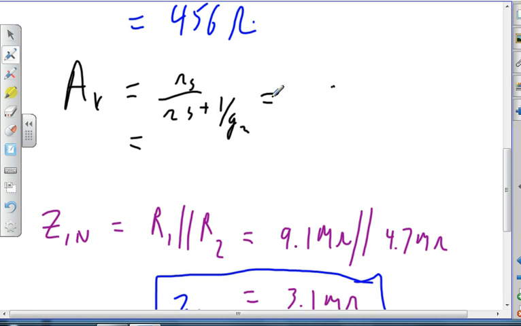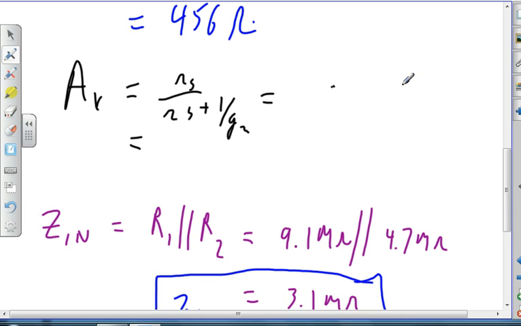The rs is going to be 470 in parallel with 50. Because it's RS in parallel with... well, is that what it is, an R? That's what RD is. Oh, okay, gotcha.